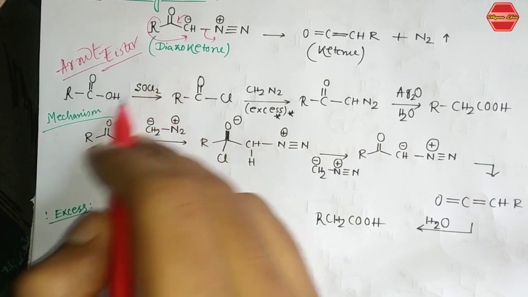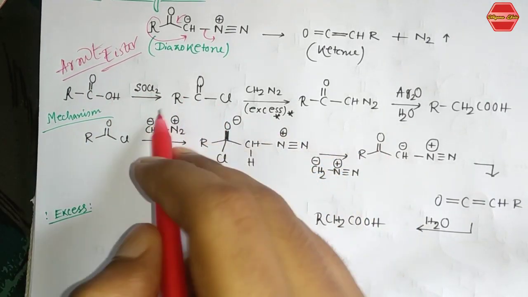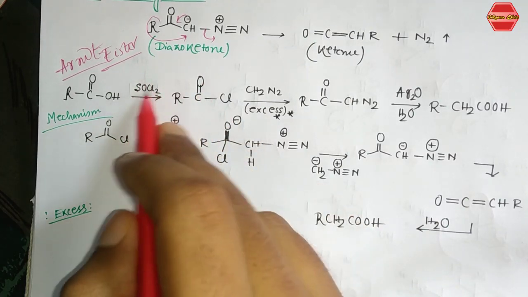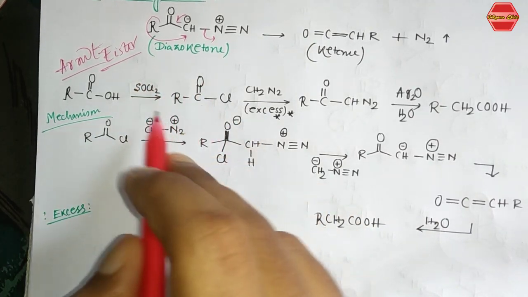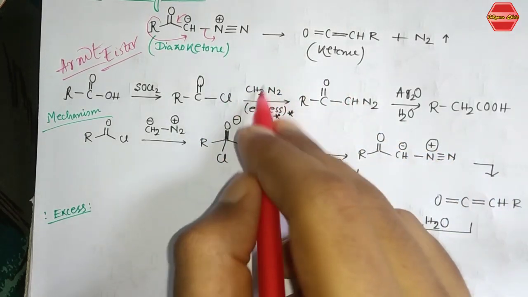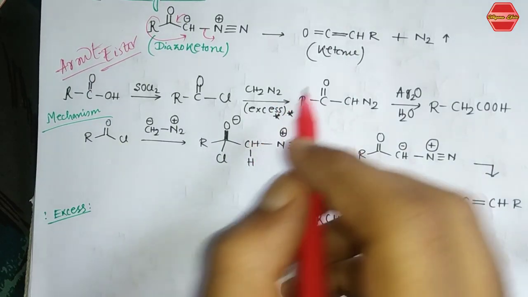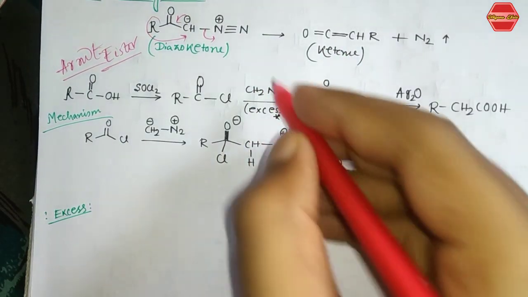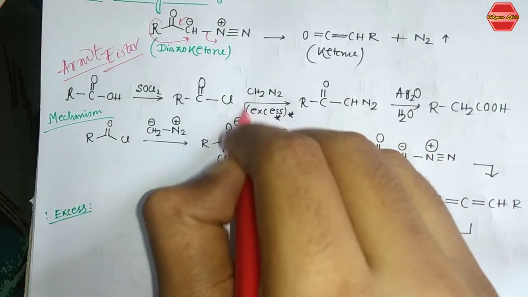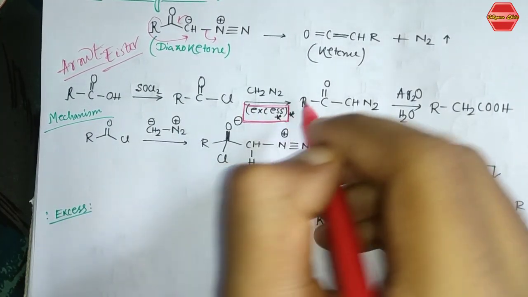Now SOCl2 is used. We know that to convert an acid to an acid chloride you have to use SOCl2, so that the acid becomes COCl. After that, you use CH2N2 in excess. That is the important step, that is your excess. So keep in mind that the excess term is very much important, right?